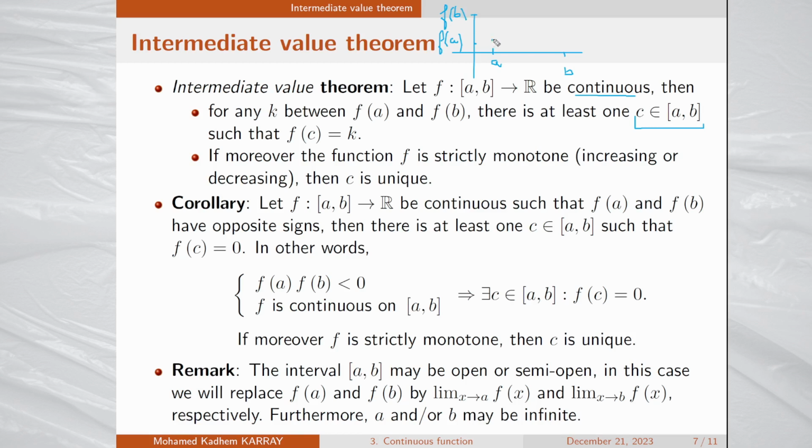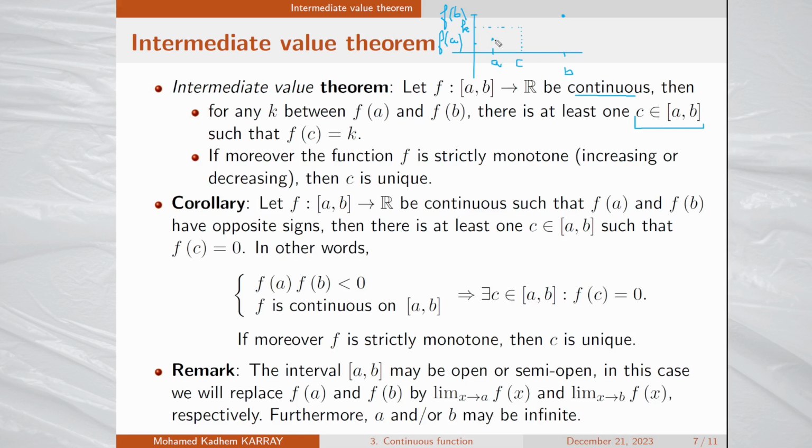This is the first point, this is the second one. If you take any value k between these two values f of a and f of b, necessarily there is some c here such that f of c equals k.